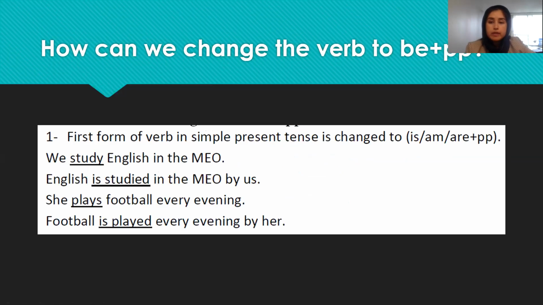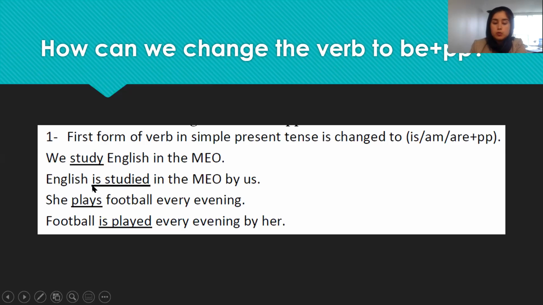How can we change the verb into be plus past participle? For the different tenses and different forms of the verb, we have a bit of different structure. For example, the first form of the verb in simple present tense is changed to is plus past participle. We use it because English is a singular and uncountable noun.